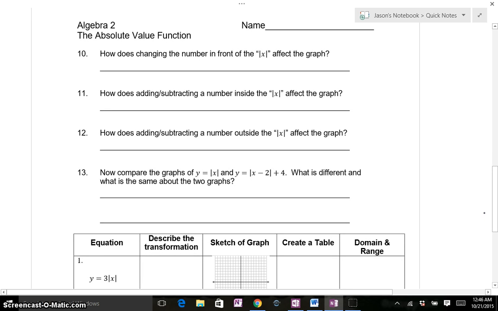Alright, how does changing the number in front of the x affect the graph? Well, that's going to give it a vertical stretch or compression.